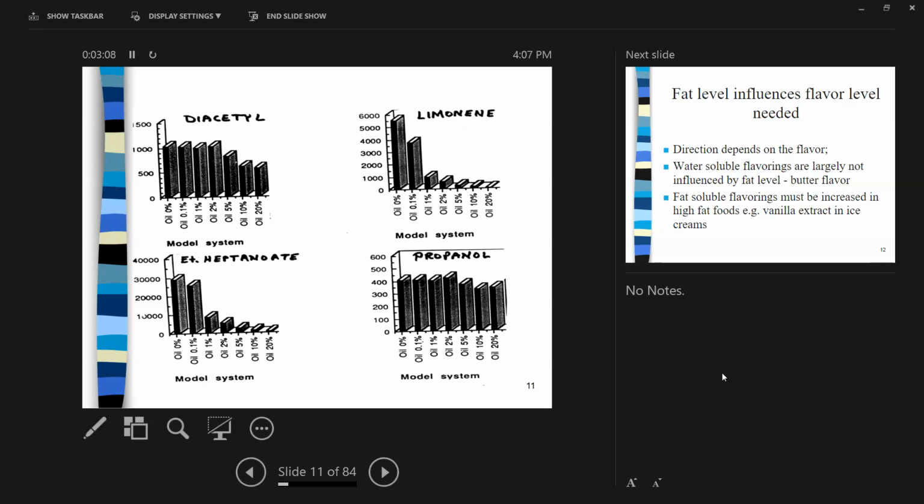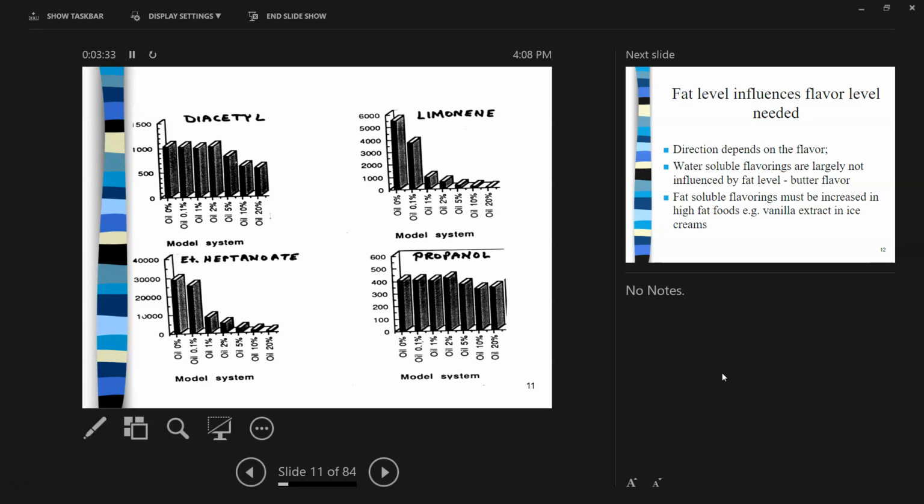And as we add fat, the butteriness can go down a great deal as we start adding fat to that food. But something like this ester, 10% drops in here, 1% fat drops it way to here. So at 0% fat, you'll find you've got a lot of this ethyl fruity note, but at 1%, that fruity note is really diminished.